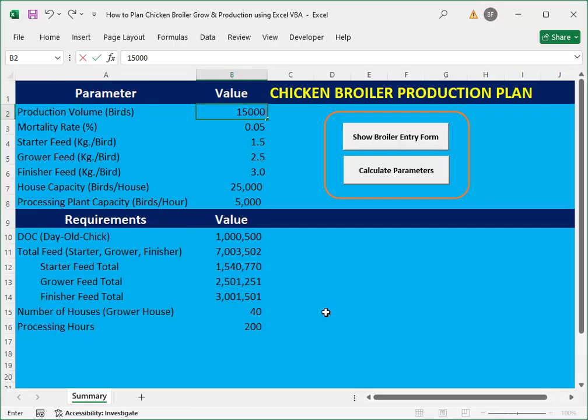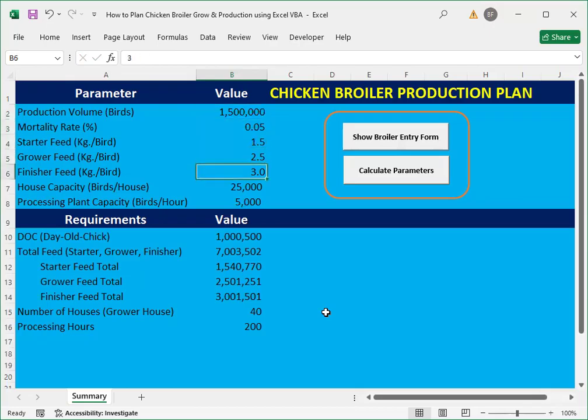This is just purely volume, parameters, etc. I did not include the capital that I need to raise 1.5 million. I did not include the cost of the broiler chick or DOC, the day-old chick. I did not include how much money per kilogram. So just purely volume parameters.